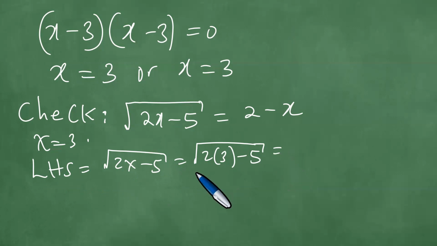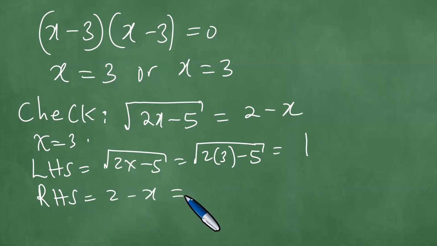What is 2 times 3? 2 times 3 is 6. 6 minus 5 is 1. Square root of 1 is 1. The right-hand side is 2 minus x, which is 2 minus 3. We're substituting into the original. 2 minus 3 is minus 1.